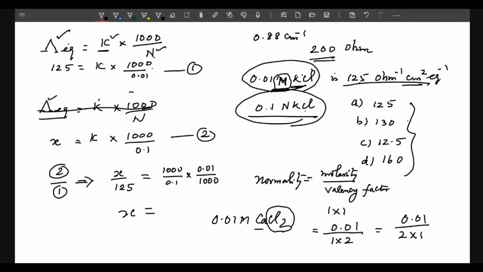Therefore, now let us have another type of this equation. Specific conductance, making use of the molarity, and you can do it at home. Take down the question. The specific conductance of an electrolyte is 0.03 per ohm per centimeter.